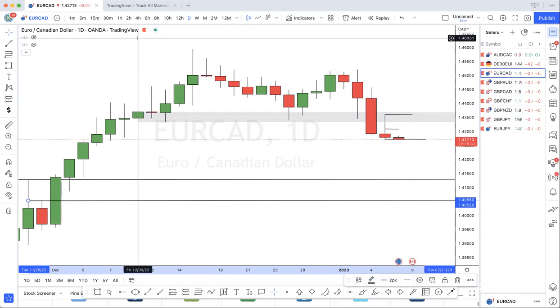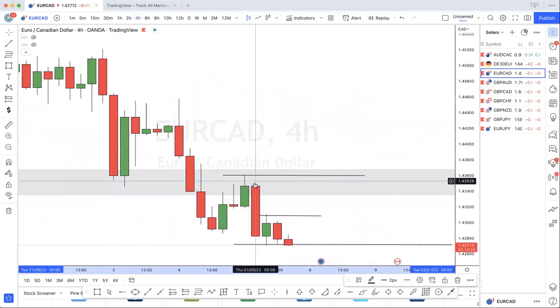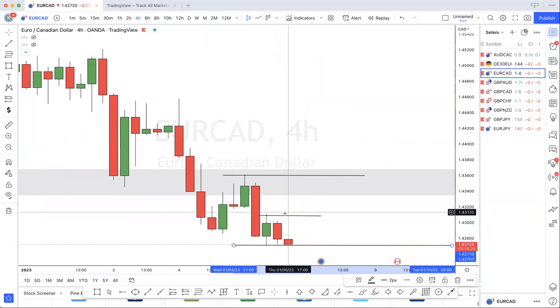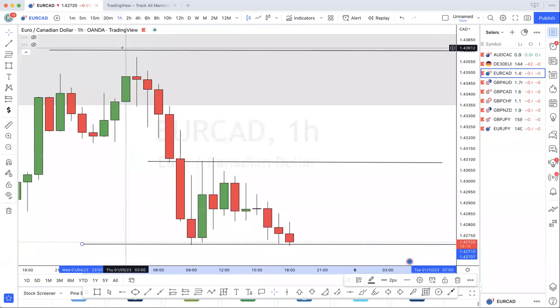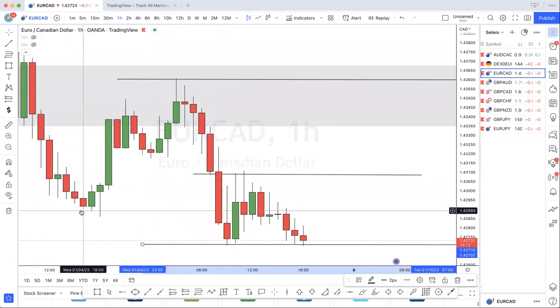Yeah, that's when I went down to the lower time frame. That was my swing high, and this was my swing low right here. And the line in the middle, I think, was on the 15. That's it. So that's where you have a breaking structure right there.